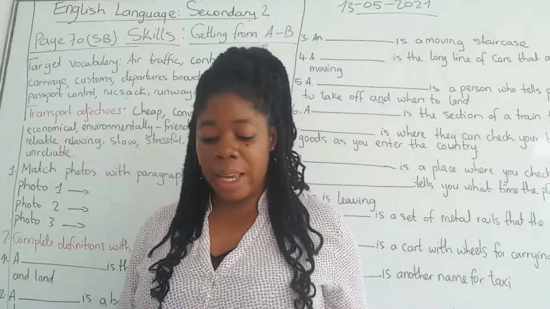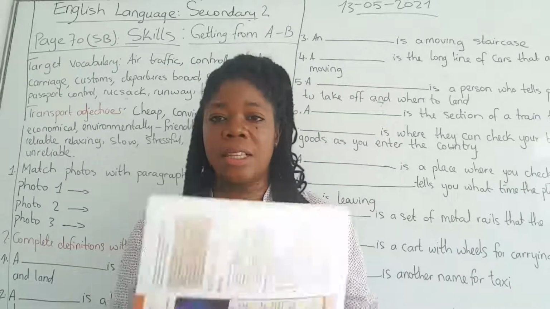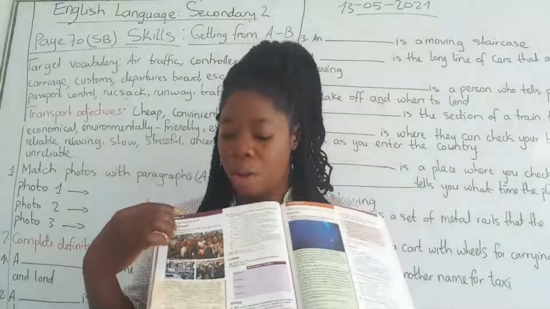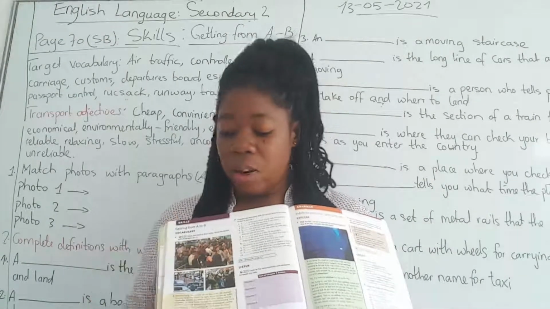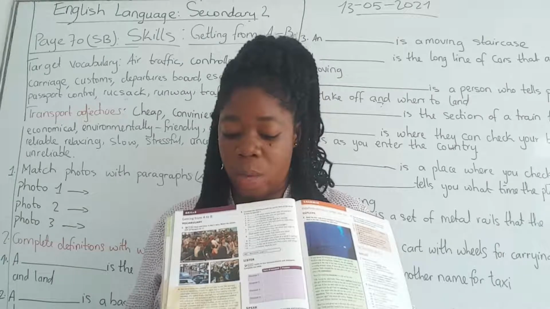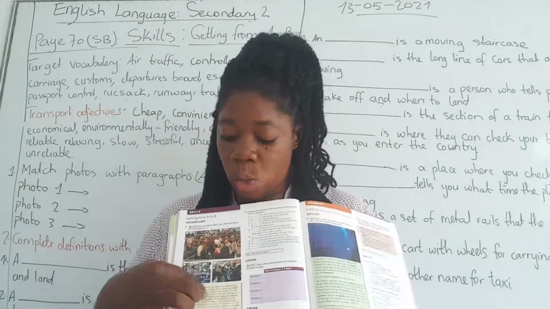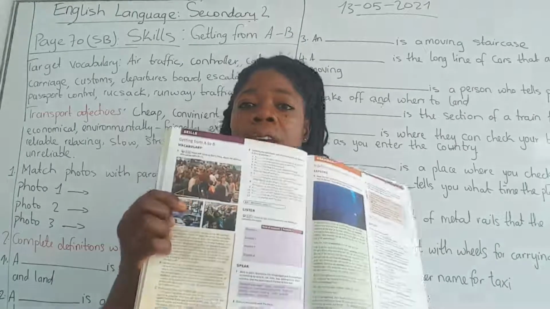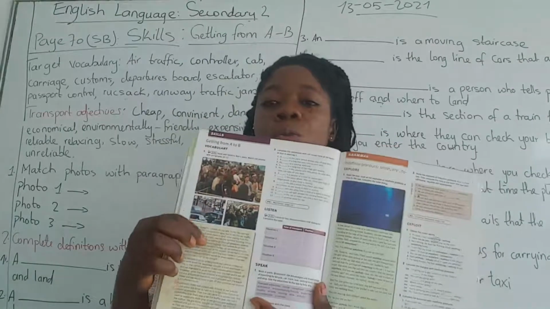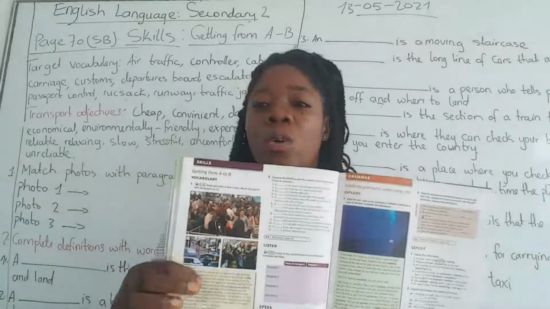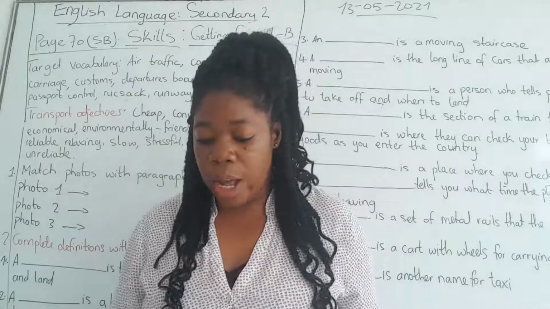And we have some target vocabularies in this unit, or in this text. On this page, we have some target vocabulary. Those words that you see in the text written in blue are the vocabulary words. We are going to look at them.